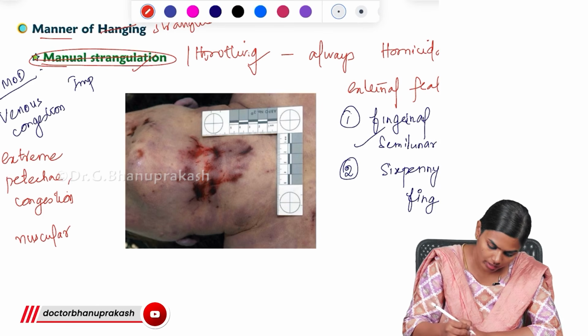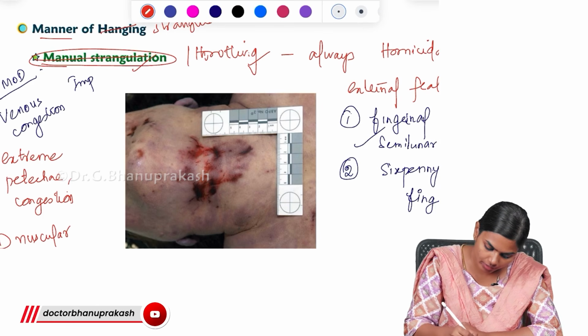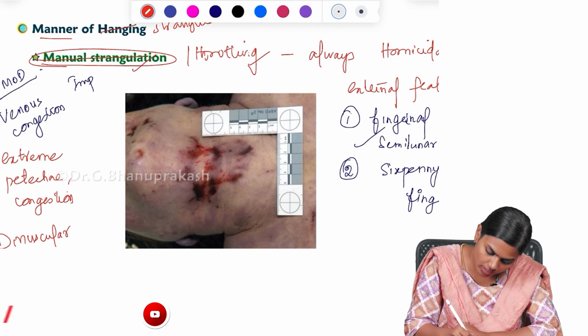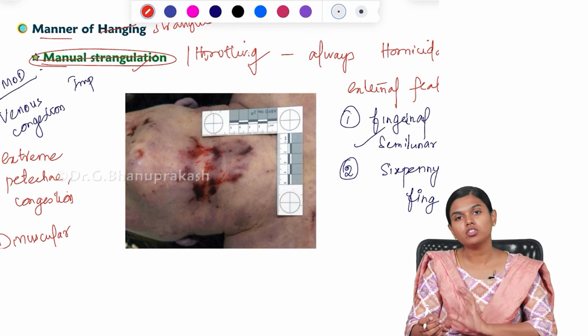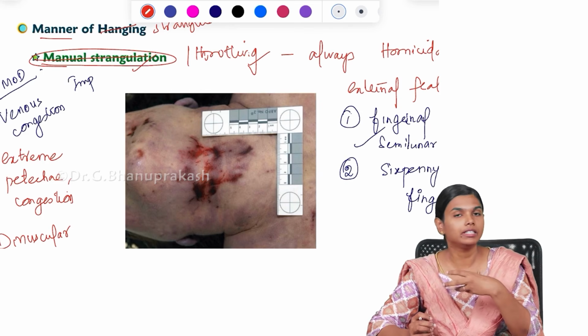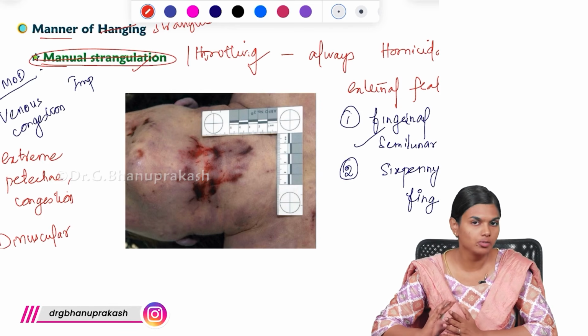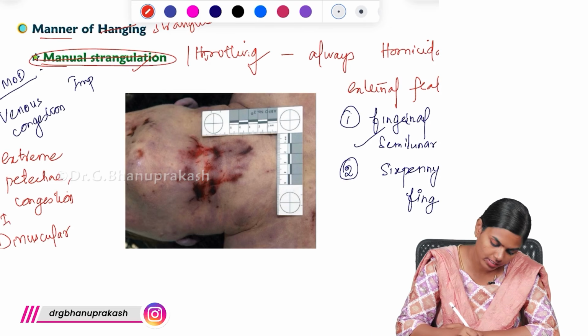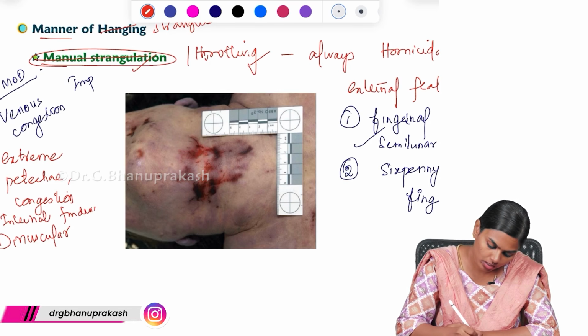Like all your neck strap muscles, they will be torn. You will also see hemorrhages. Because of this extreme pressure, there will be tearing of the muscle and hemorrhagic spots will be seen in the neck. These are the internal findings.